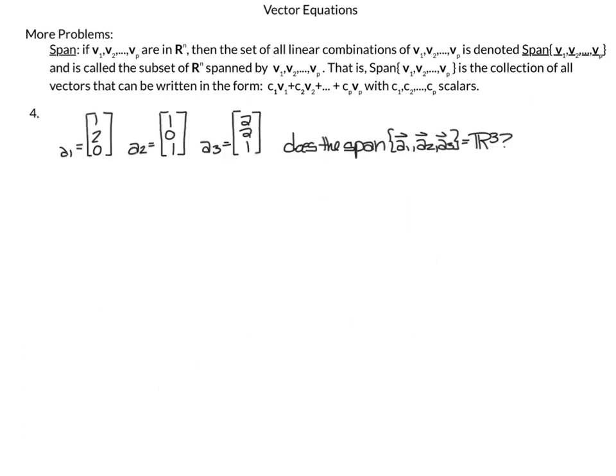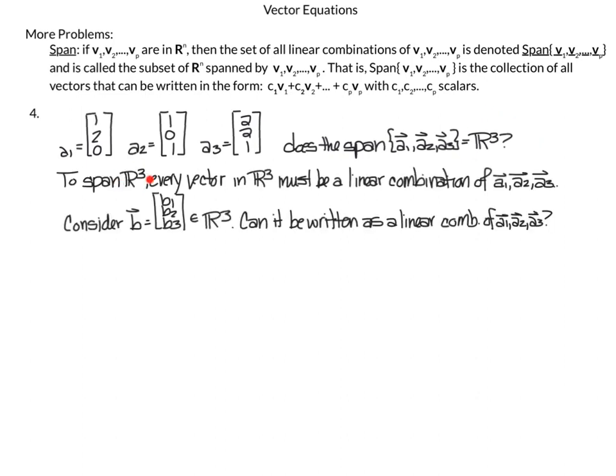I want to give you one more example of span, and that is if we have A1 equal to 1, 2, 0, A2 equal to 1, 0, 1, and A3 equal to 2, 2, 1, does the span of the vectors A1, A2, A3 equal the whole space, R3?